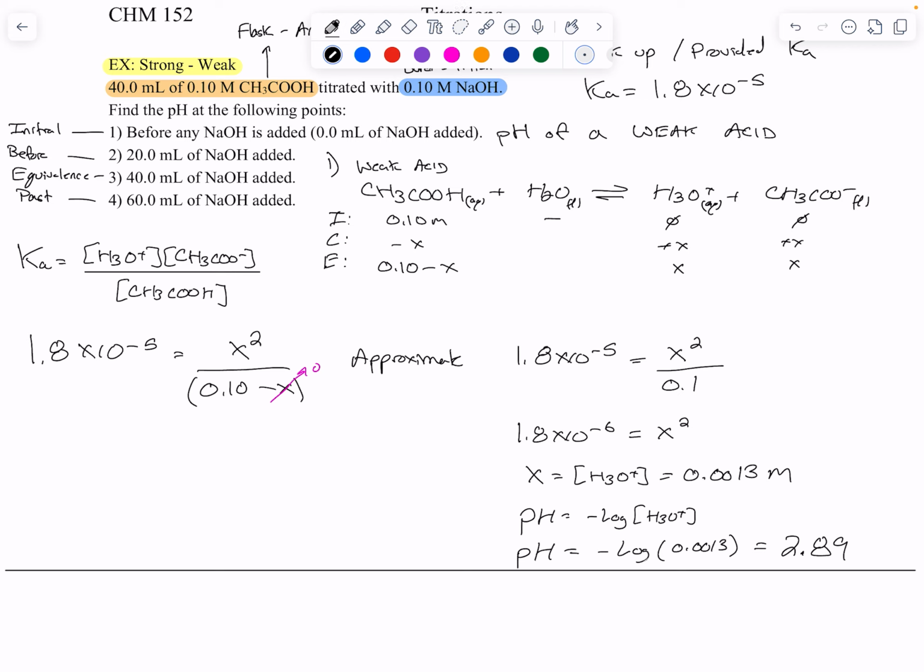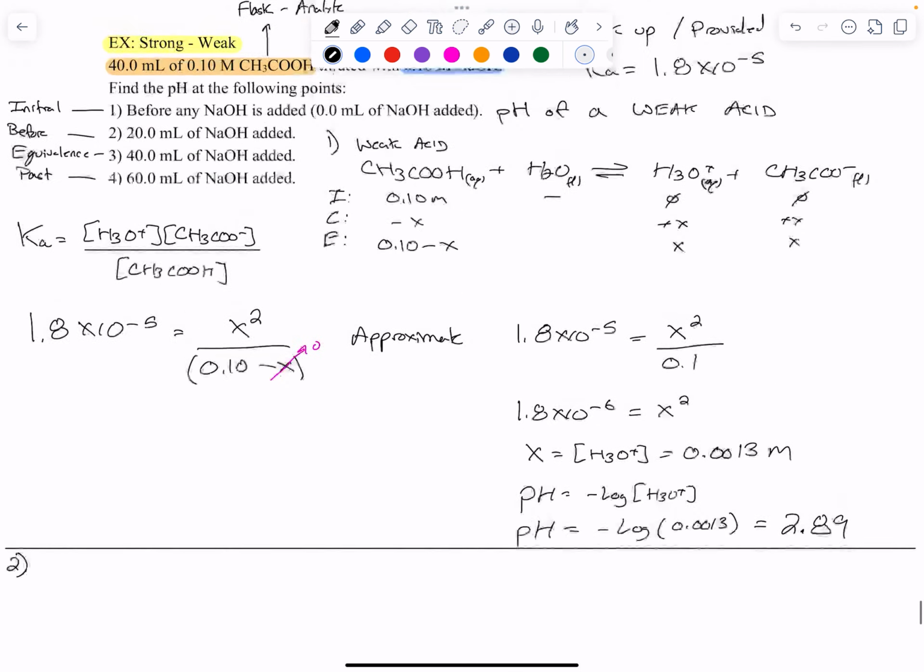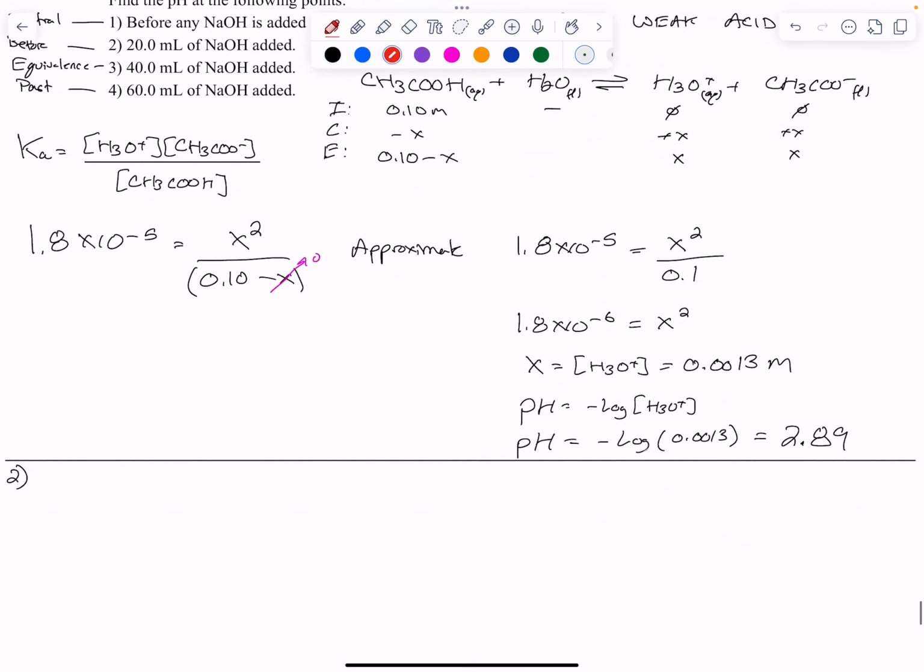All right, part 2. So now we have to figure out, we have 40 milliliters of CH3COOH. We know for every 1,000 milliliters, there's 0.10 moles. So that means we have 0.004 moles, or 4 millimoles of CH3COOH.